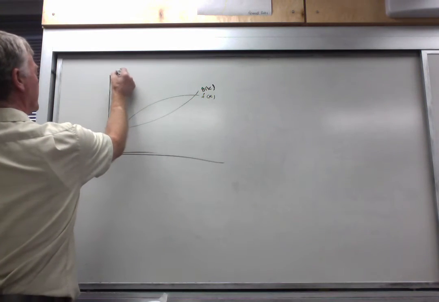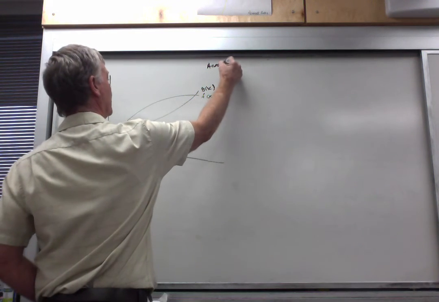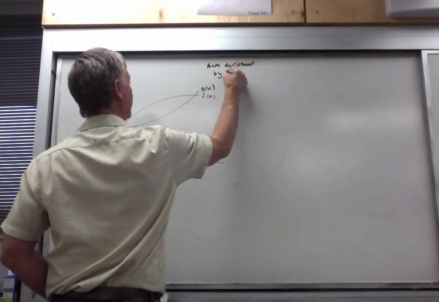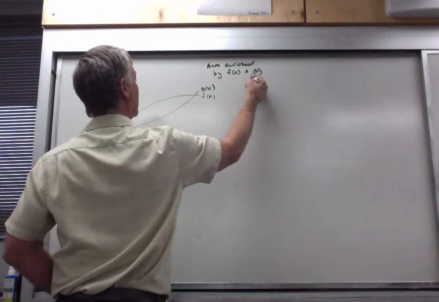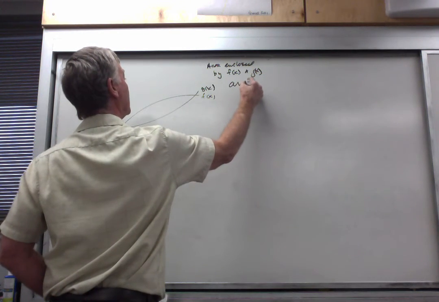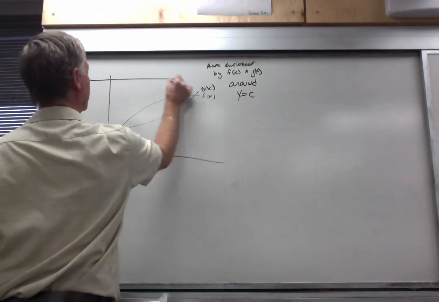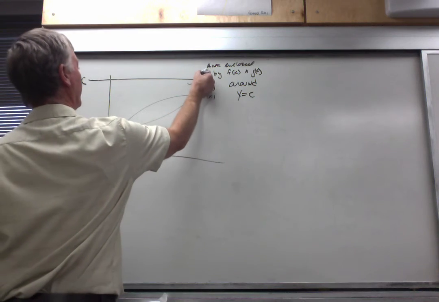But we are going to revolve the area enclosed by f of x and g of x around the line y equals c, and the difference is that y equals c is up here. So basically we're revolving it around this way.